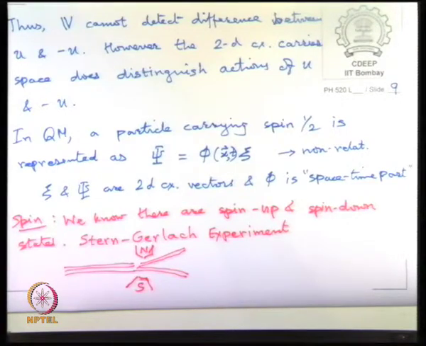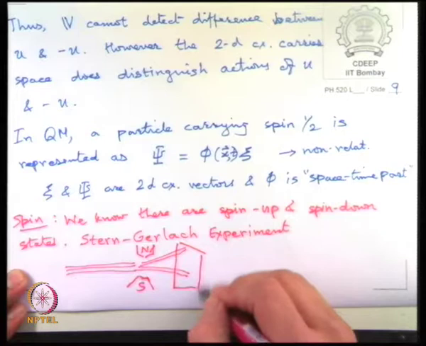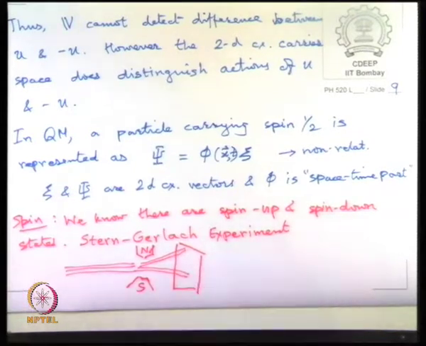It's all mixed up. But now if you apply this magnetic field, classically you would have expected that you should see on the screen a continuous set of possibilities. Spin is here, spin is here, spin is here. But quantum mechanics just picks out one and the other.